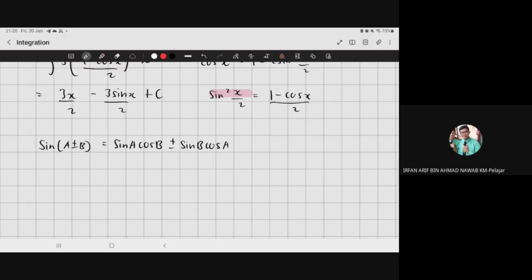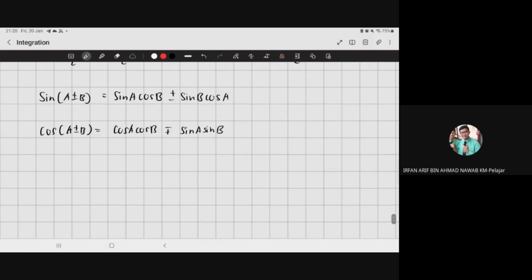If it's minus, then it will be plus. So cosine of A plus or minus B, you should get cosine A times cosine B minus or plus sine A sine B.